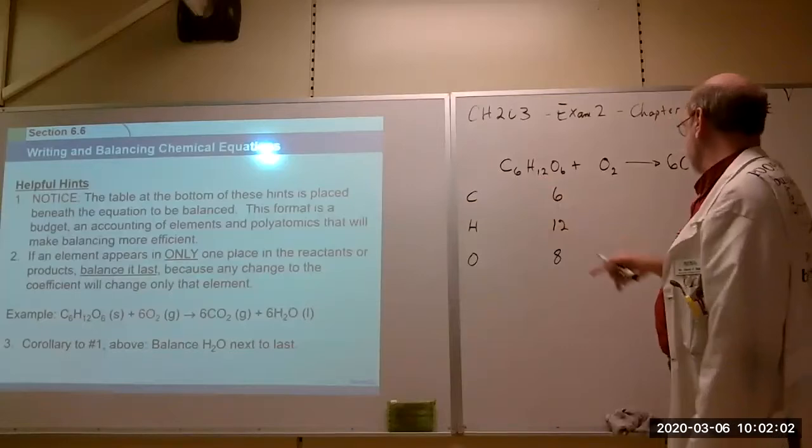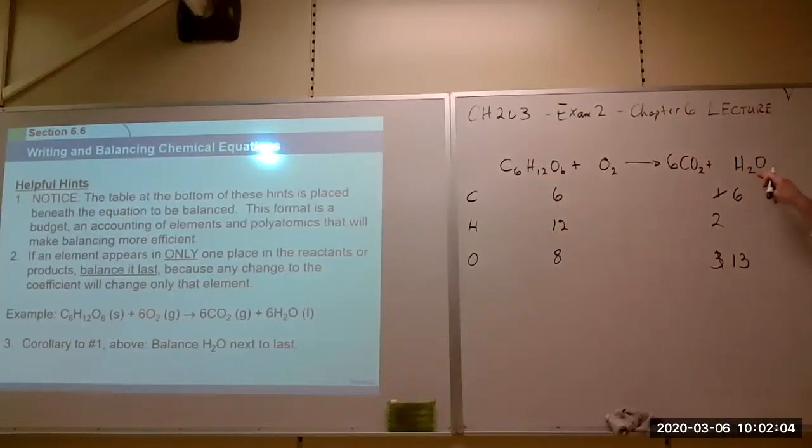We got 12 hydrogens here. It only occurs in one place here. So if we say 6 times that, that gives us 12 hydrogens, doesn't it? It also gives us 6 oxygens plus 12 oxygens is 18 oxygens. 6, 12, yeah, that's right.